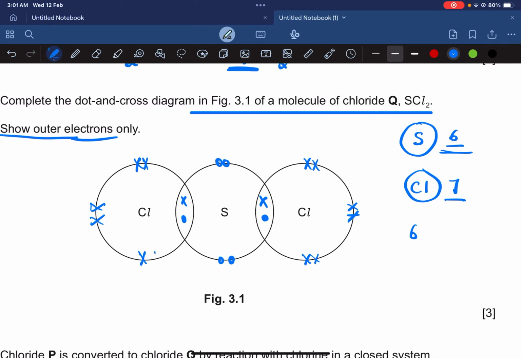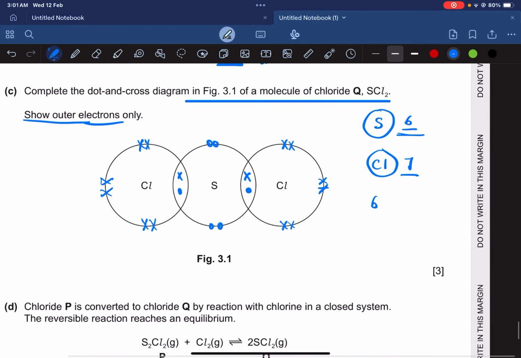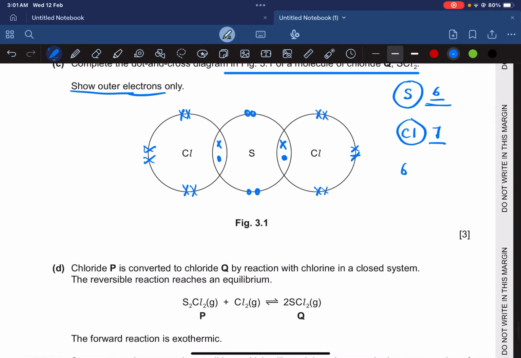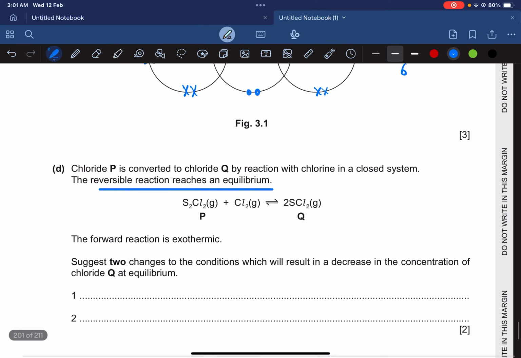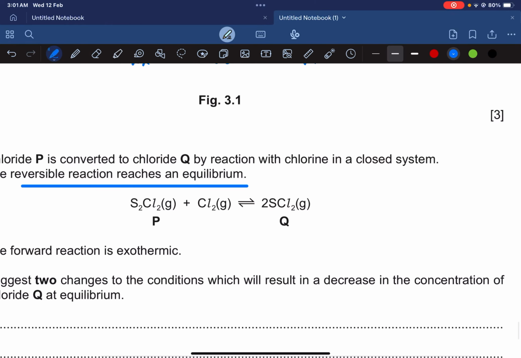Let's move on to the next question, which says chloride P is converted into chloride Q by the reaction with chlorine in a closed system. The reversible reaction reaches an equilibrium. The forward reaction is exothermic. So one thing over here is that the forward reaction, which is this reaction, is exothermic. I'm writing exo.